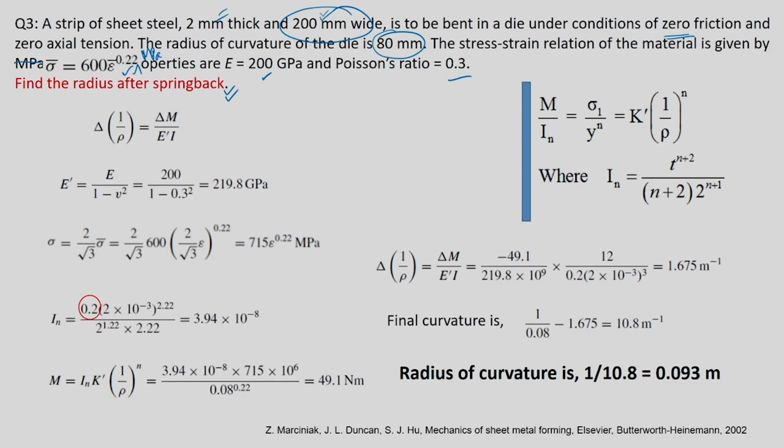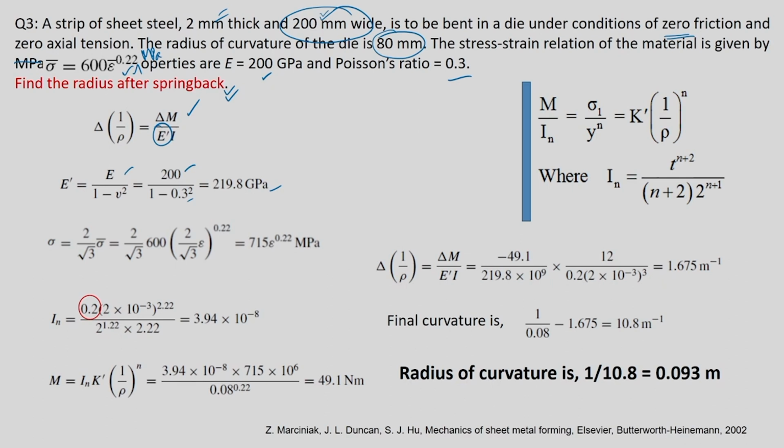So, del 1 by rho, we know this is del M divided by E dash I, we know this already. So, what is E dash? We will calculate it here. So, E dash is nothing but E by 1 minus nu square. E is given, nu is given, you can get E dash, you can check the calculation.